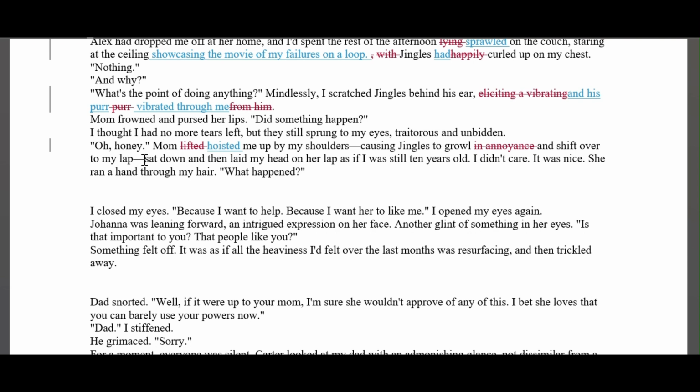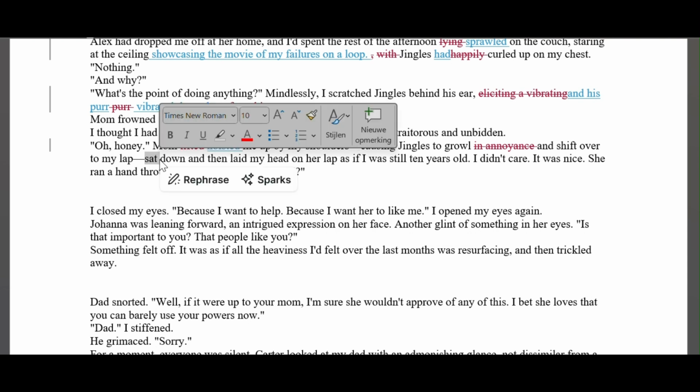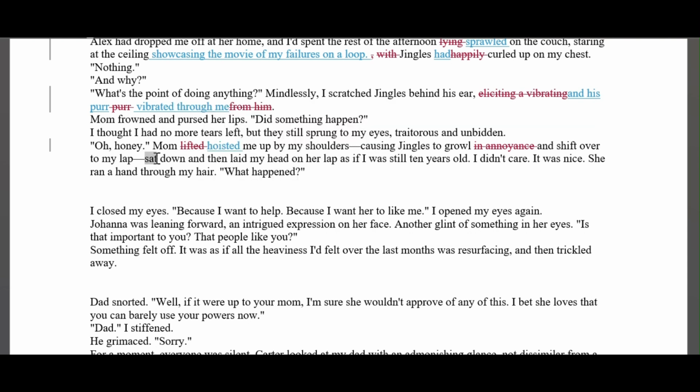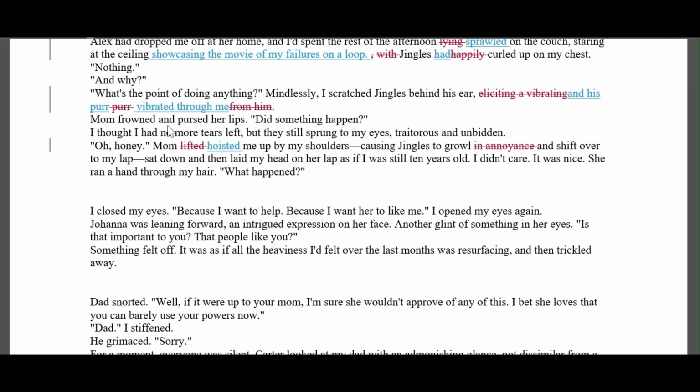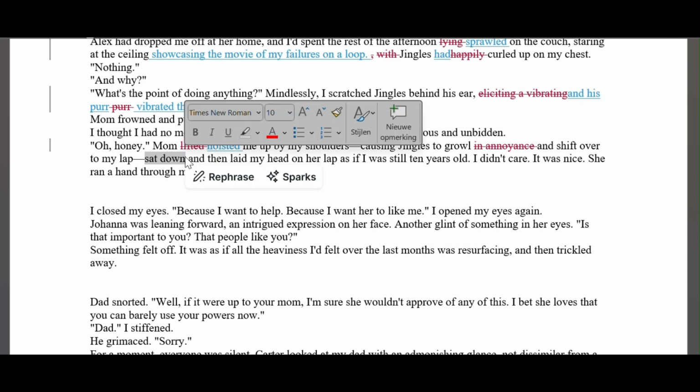Mom sat down. So sitting down is kind of similar. It serves a purpose, and you definitely don't need to change this all the time, in my opinion. But for the sake of the exercise, we can have her, so let's go with blunt.